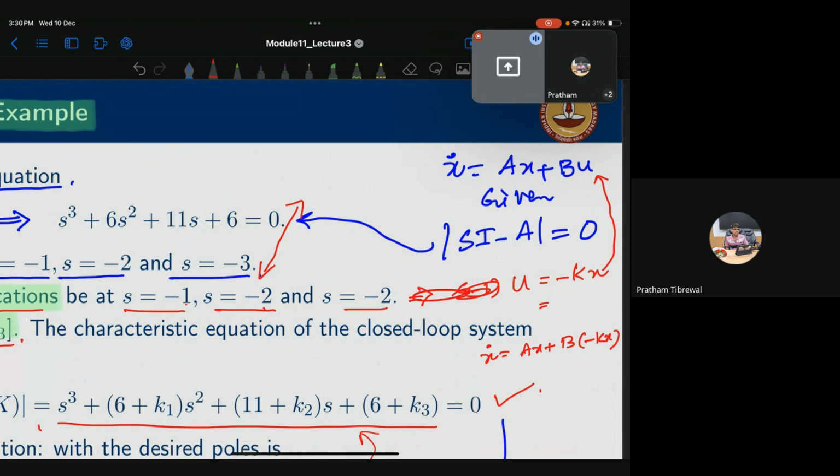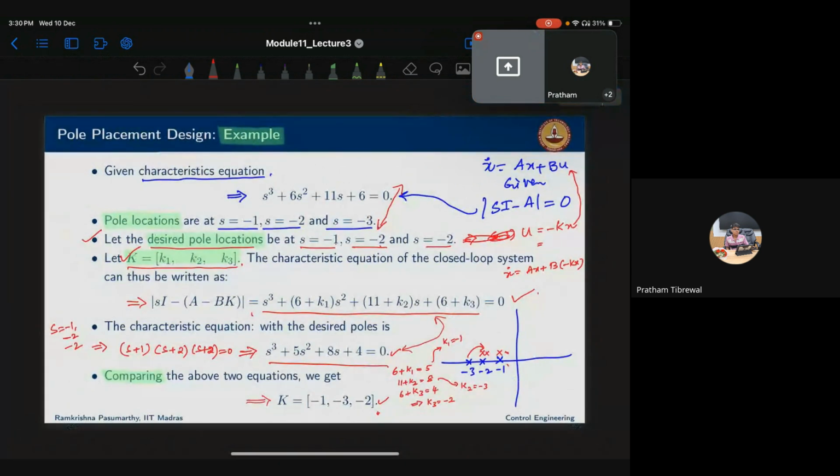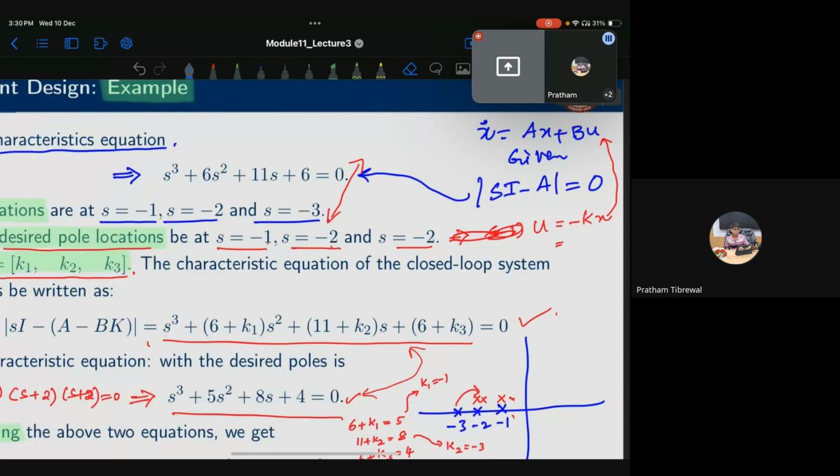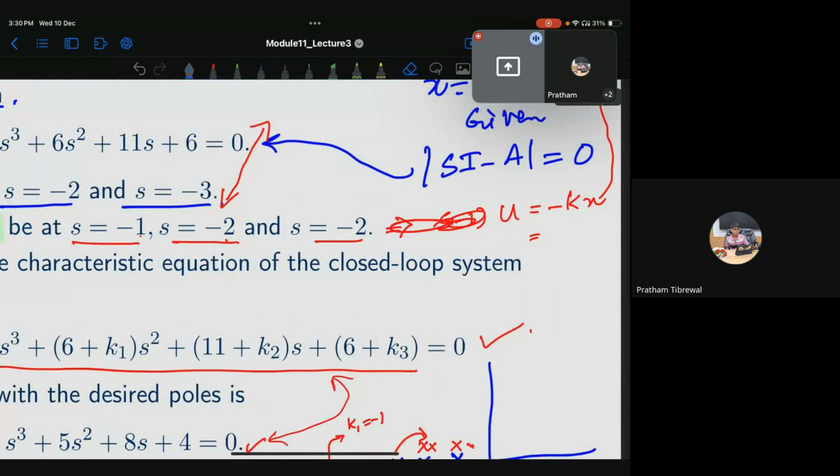This is nothing but minus of k1, k2, k3 multiplied by x1, x2, x3.